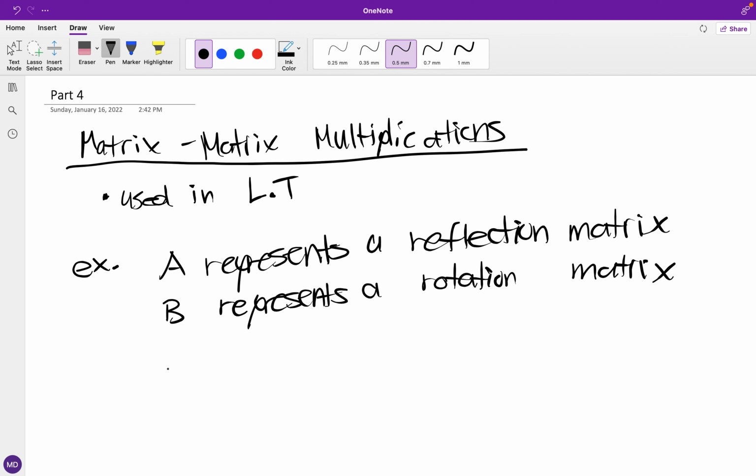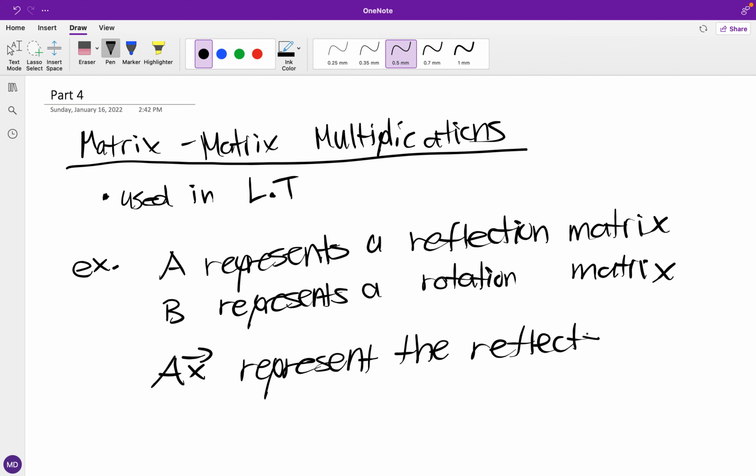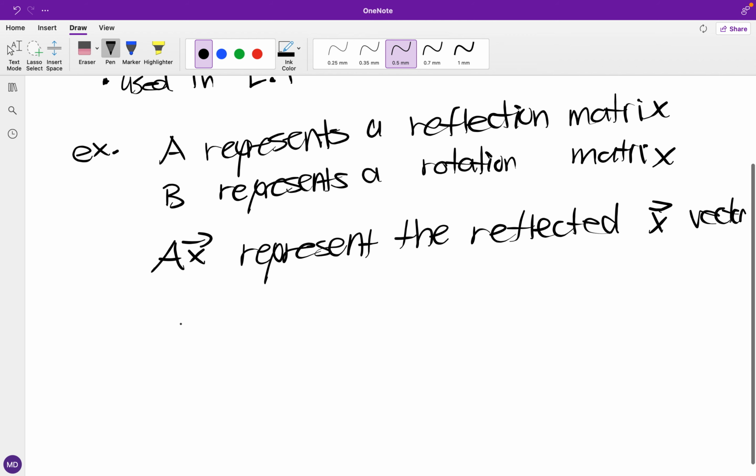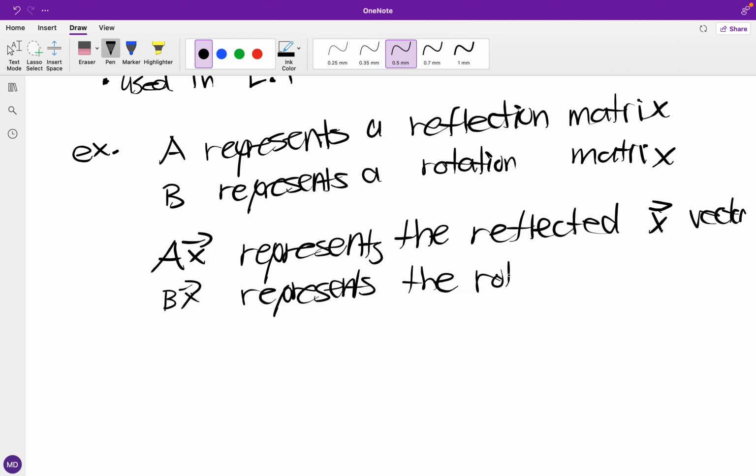Then based on our understanding of linear transformations, the vector output Ax should represent the reflected x vector, and Bx represents the rotated x vector.